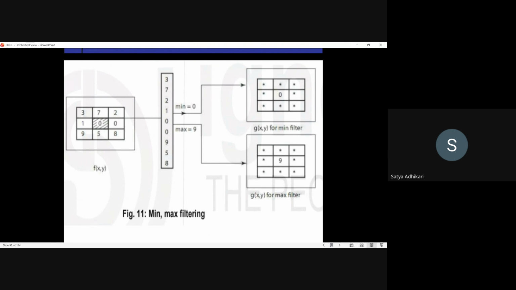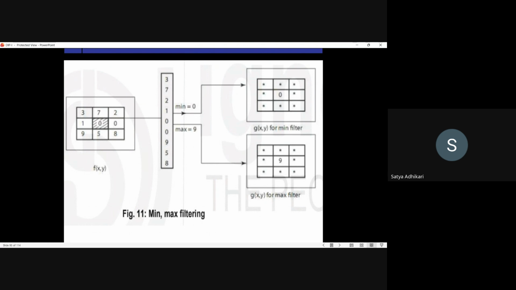Let us see a single example. I have explained here the max filter and min filter. This is a region of 9 pixels, f(x,y), and 0 is the hotspot. Please recall, in the mean filter we used to take the mean or average; in the median filter we took the median of the data.